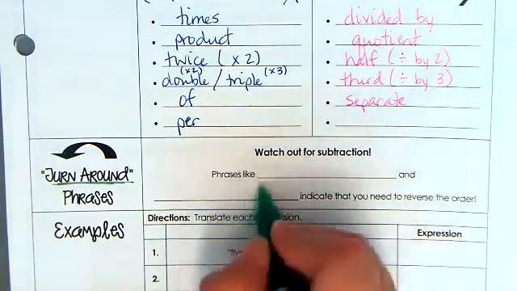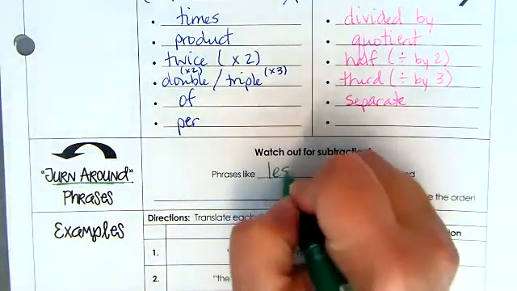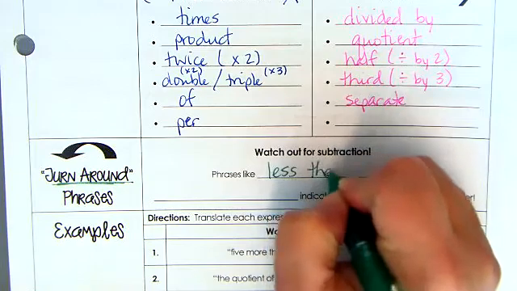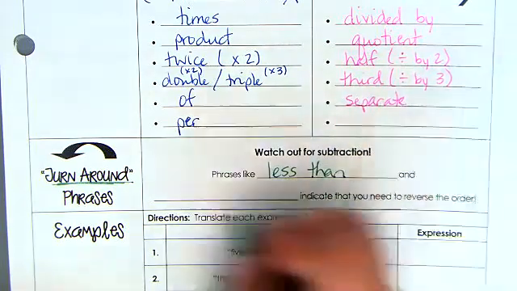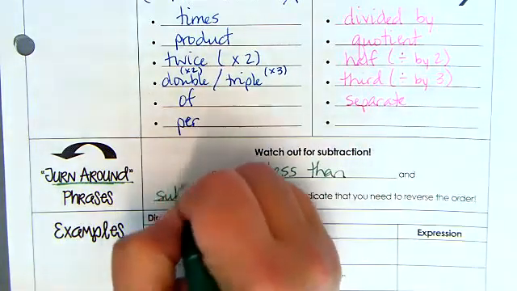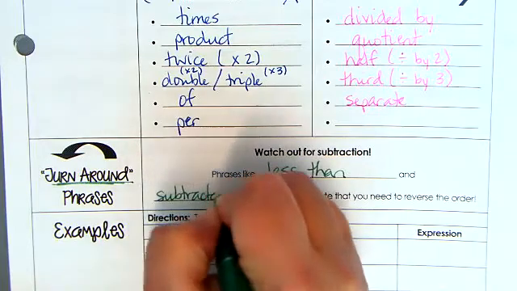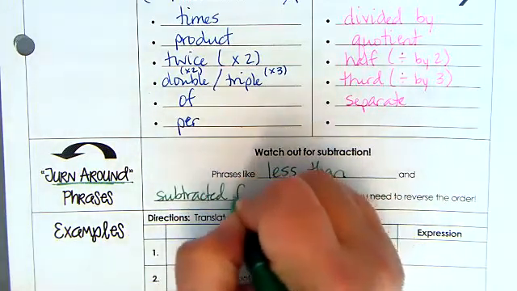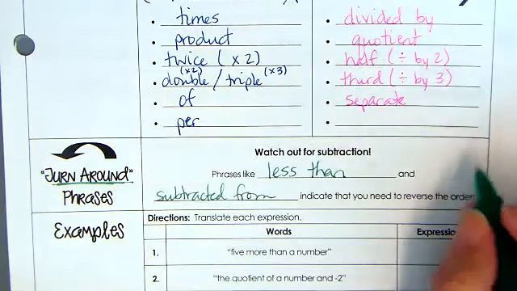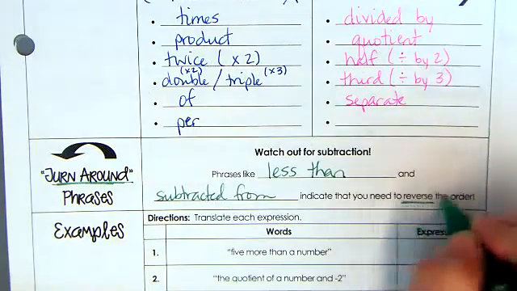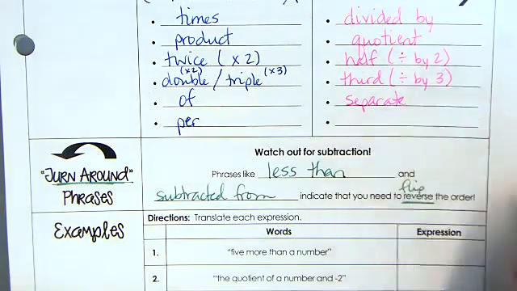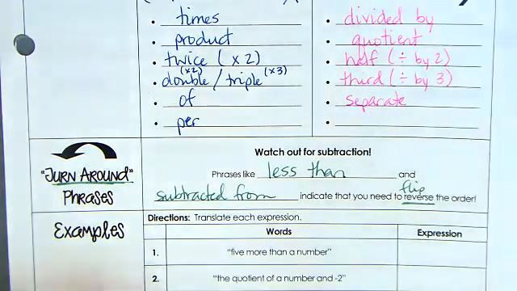So phrases like less than and subtracted from indicate that you need to reverse or flip the order. We're going to work some examples that use this in just a second.